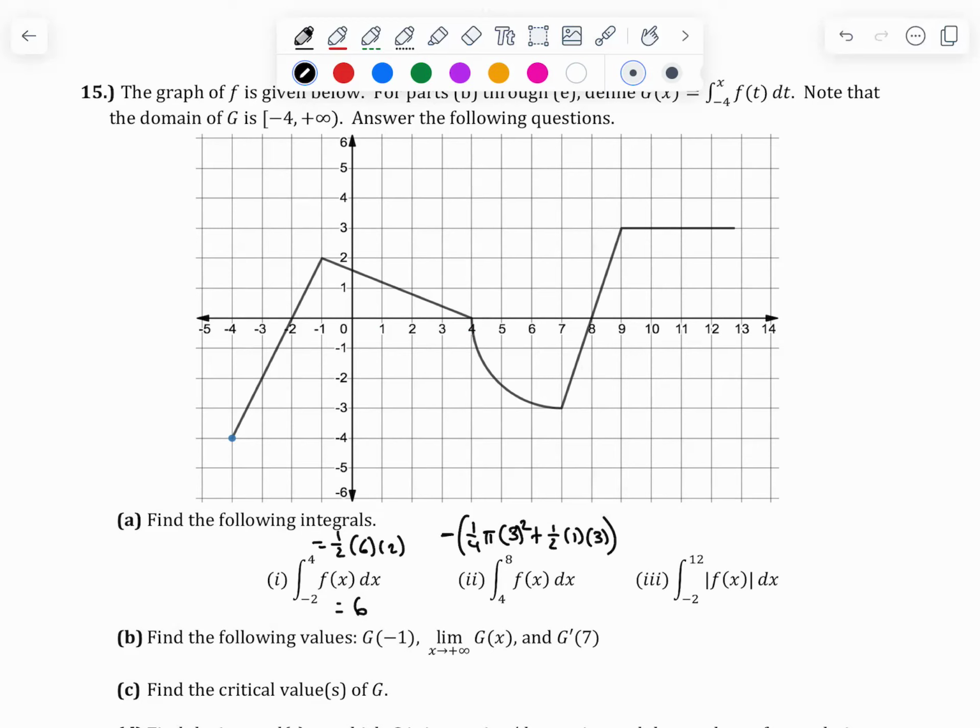That's a circle with radius 3. That's why it's 1/4 for the quarter, and then the radius is 3, so that's why it's pi times 3 squared. And it's a negative because this is talking about an integral, not necessarily area. If it asks you to find the areas of these regions, then the answer would be the positive version.